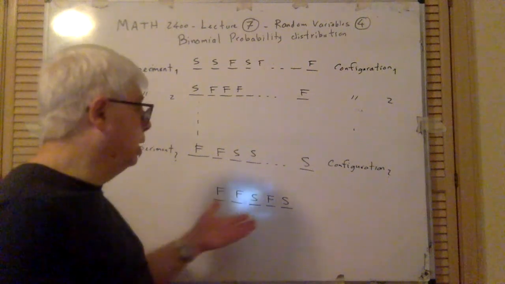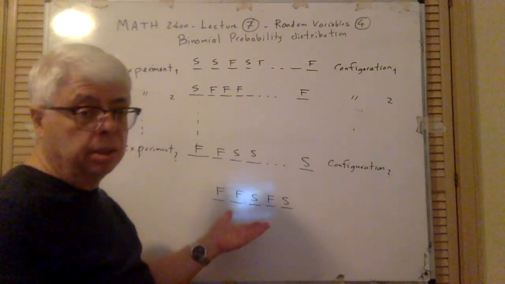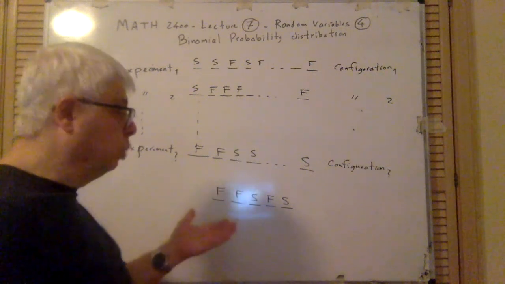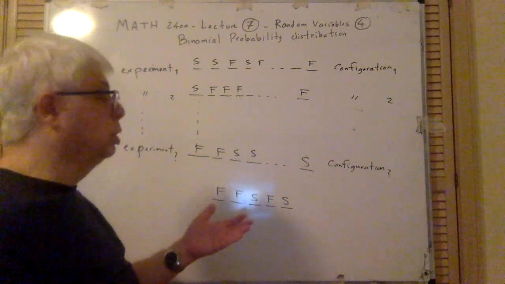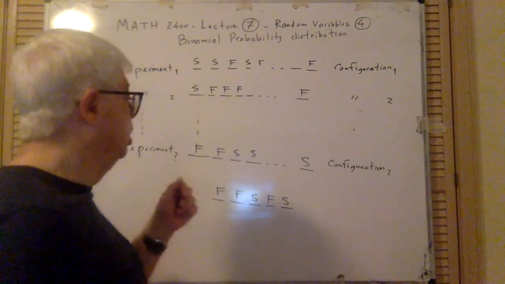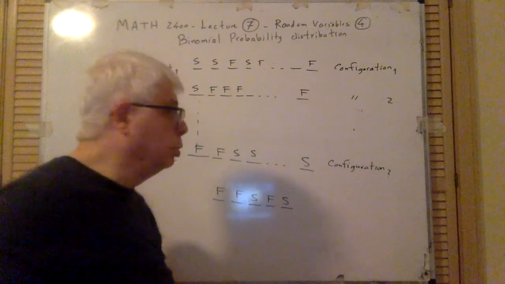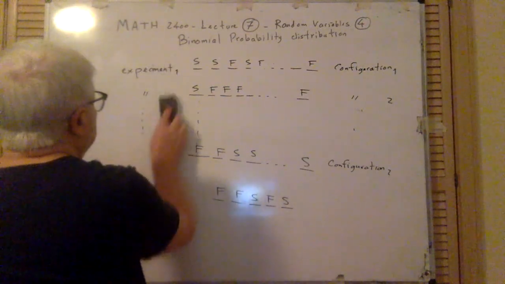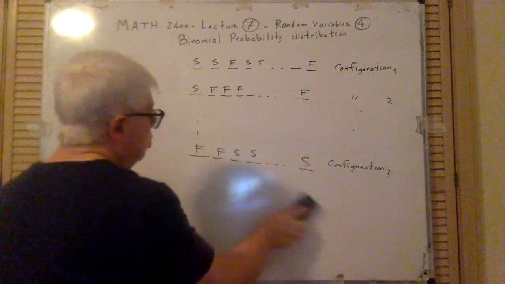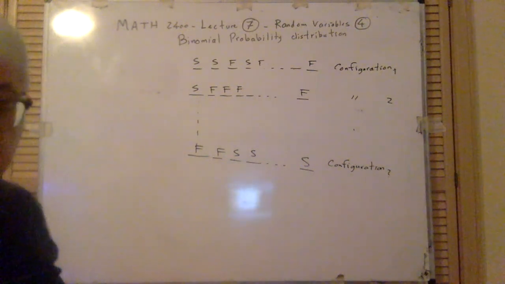And when I say what's the probability of this happening, I'm doing it one time, and I'm asking this question: what is the probability of this configuration happening in some experiment? So maybe I should erase this and stick with the configuration, because the experiment might say, well, you can do that a million times.